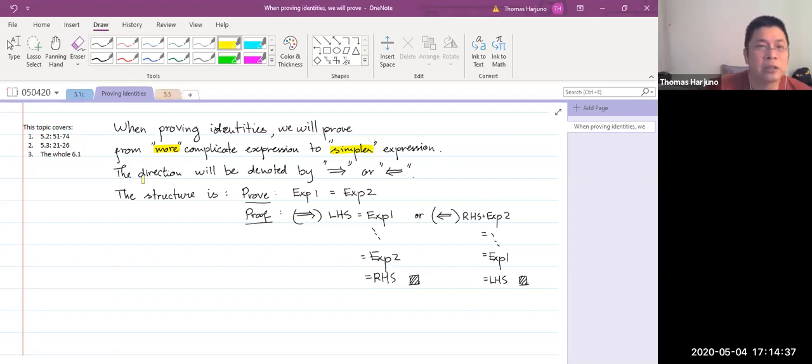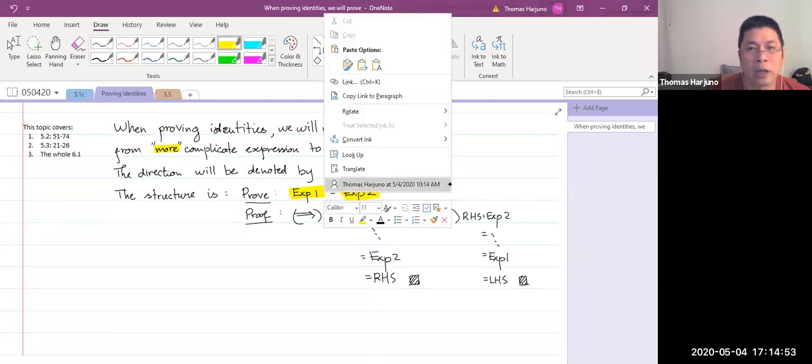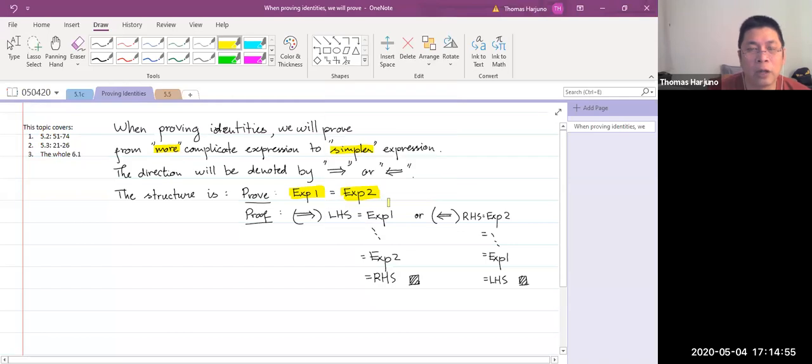An identity is basically an expression equals to an expression. When we try to prove it, either we prove from left-hand side to right-hand side, or right to left, depending on which is more complicated, and we simplify that to the other side.